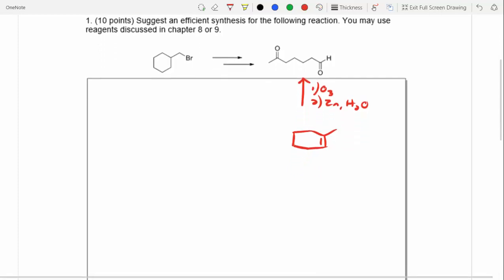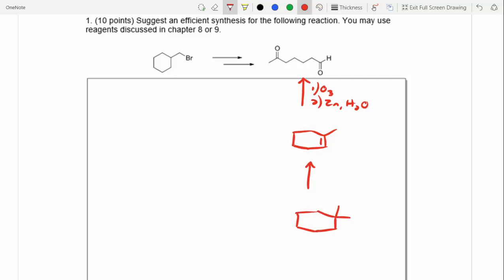E2 elimination. There's a couple different E2 routes we could have taken for this, but the easiest route would have been to have some sort of halogen on there. I know some of you actually had an alcohol and did E1 elimination too. That's fine. There's oftentimes more than one correct answer.